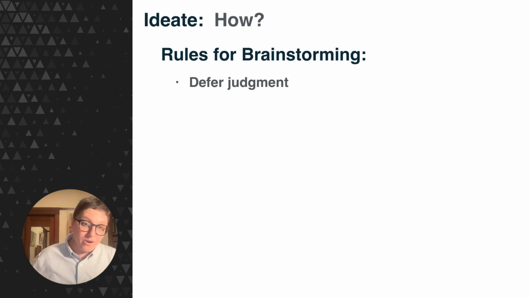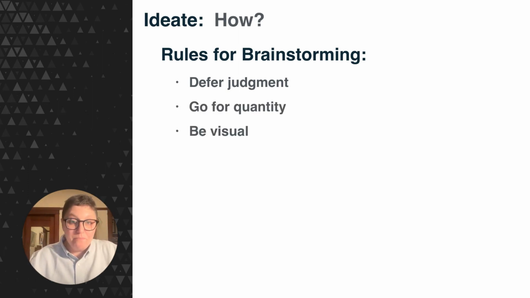And we want to ignore that voice and we want to get all those ideas out. And maybe some of the ideas are not great, but they might spark a better idea. So don't judge every idea that you think of, just put them down and try and get as many as possible. Go for quantity.